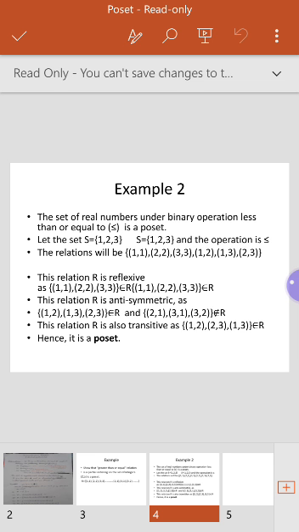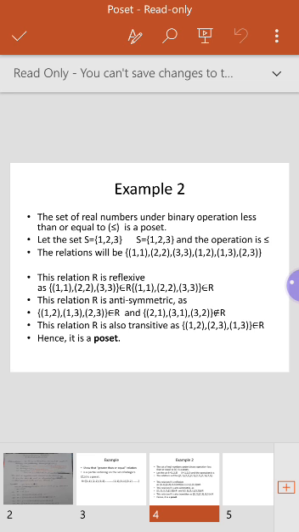For that we will take a set of real numbers 1, 2 and 3 for the relation less than or equal to. For the set 1 to 3, we will have the following relation set. (1,1) will be there, as 1 equals 1. (2,2) will also be there, 2 equals 2. (3,3) will also be there, 3 equals 3. (1,2) will be there, as 1 is less than 2. (1,3) will be there, 1 is less than 3.